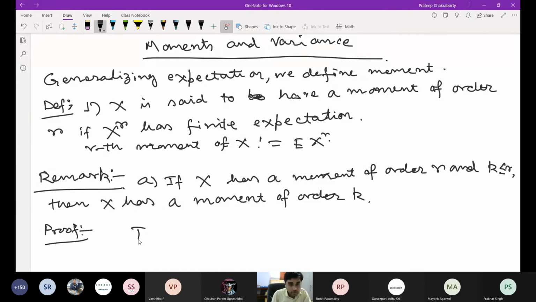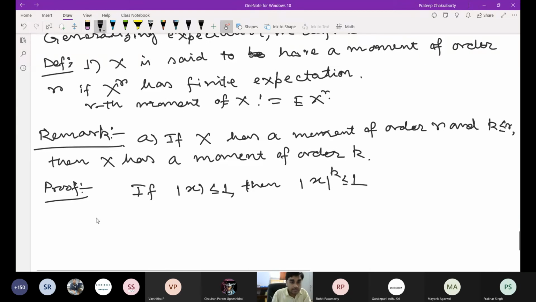Suppose mod x is less than or equal to 1, then mod x power k is less than or equal to 1. If mod x is greater than or equal to 1, as k is less than or equal to r, what is it?